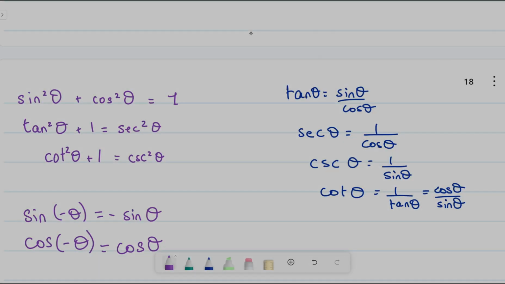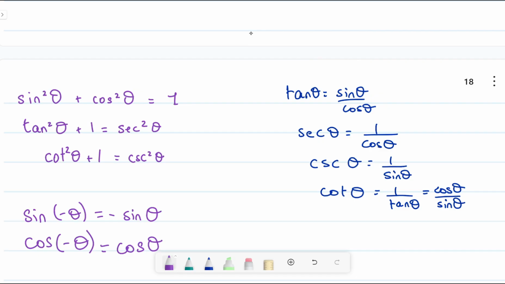Now, we will move to a few trigonometric identities that are useful to know for this course and even future courses. So the first one, which many of you might know, is sine squared of theta plus cosine squared of theta is 1. This will be very important for us in this class.